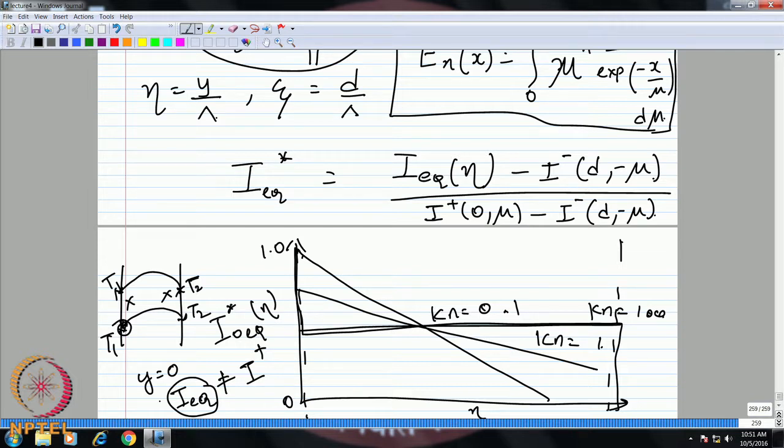Equilibrium means it is an average or summation of the phonon intensity in all the directions. So, what is coming out will definitely be different from what is coming in. Therefore, your I plus will not be the same as I equilibrium. And what is I equilibrium? That is the indicator of temperature.